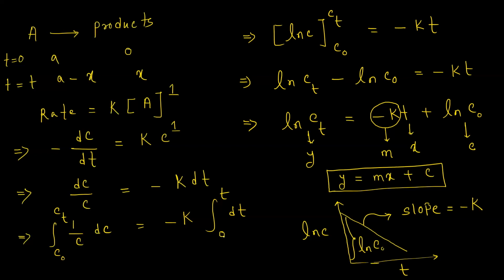Now we will take the expression again. ln ct minus ln c naught is equal to minus kt.